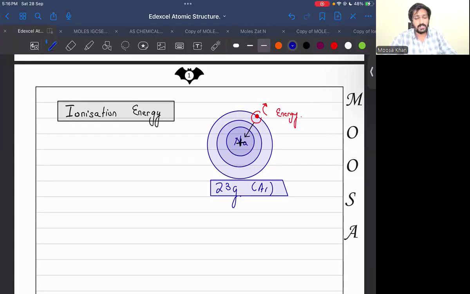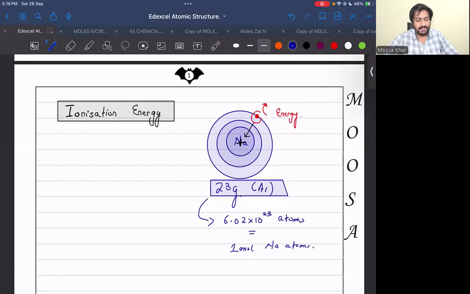No. It was the mass of how many sodium atoms? 1 mole. Very good. And how many atoms equal Avogadro's number? 6.022 times 10 to the power 23 atoms. Right? And we used to call it 1 mole of sodium atoms.